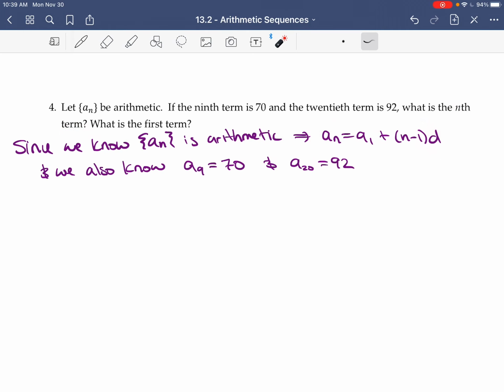So a9 equals 70 means that 70 is equal to a1 plus 9 minus 1 times d. So that's 70 equals a1 plus 8d.